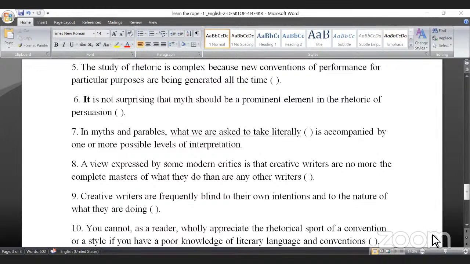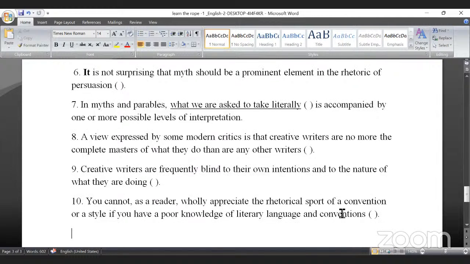So, the 9th one, right? Creative writers are frequently blind to their own intentions and to the nature of what they are doing. It just means, Purnendu, that usually creative writers do not have any particular purpose to fulfill. They might be talking about a bunch of things together.